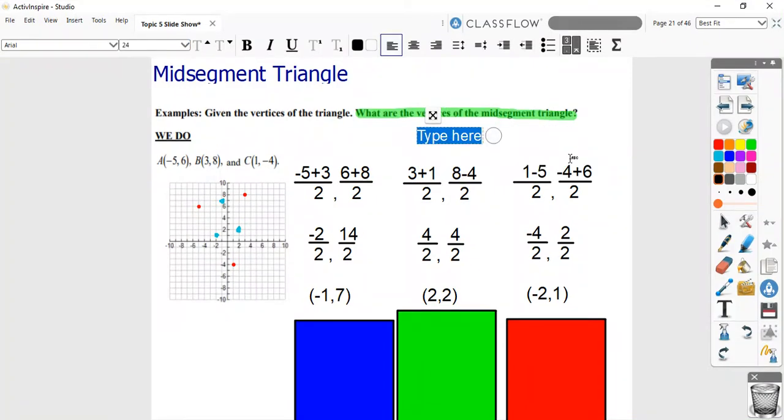What it's really asking is, what are the midpoints of the sides? That's the question that's really being asked there. You just have to know what are the midpoints of the sides. These three things right across here are the points that we're looking for.